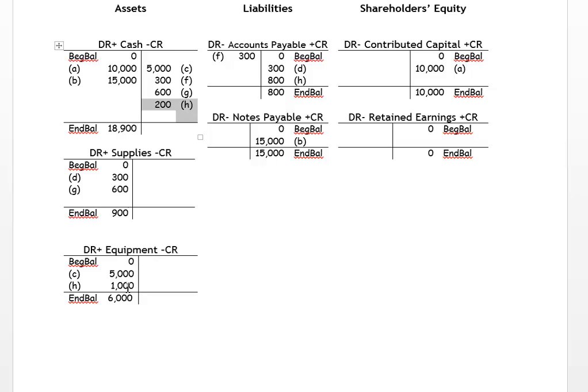The debits and credits don't balance in the posting until we adjust our accounts payable for $800. So notice that we've got an $800 credit to accounts payable and a credit to cash. The credits total $1,000 and the debits total $1,000. So we know once we post, we still have things in balance.